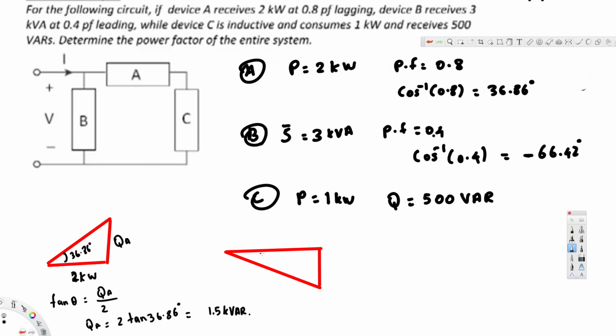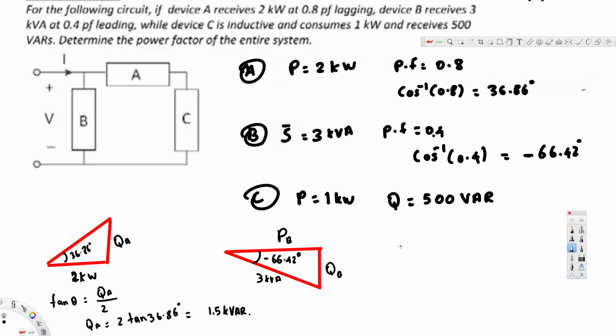Now in this one we have the angle provided, that is negative. We calculated the angle, that is negative 66.42 degrees, and here we have the S value. S value should be here, that is our hypotenuse, so 3 kVA. We are interested in finding the P value and Q value. Let's call this PB, and this QB. We have the angle and hypotenuse, so we have to do two calculations.